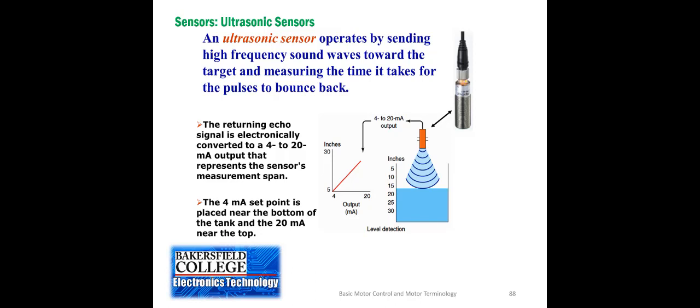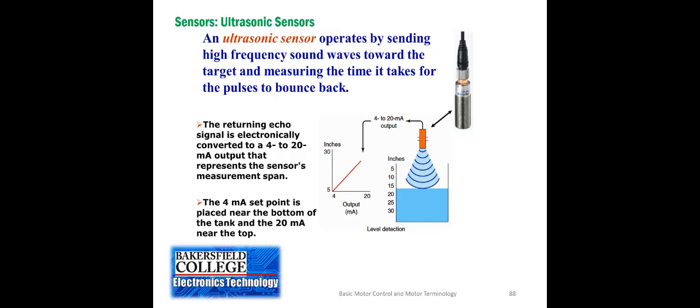What happens here is that it uses the principle of sonar. Sonar is the type of device that's used underwater to determine the depth of the ground below it, or to detect other objects in the water, like enemy submarines.